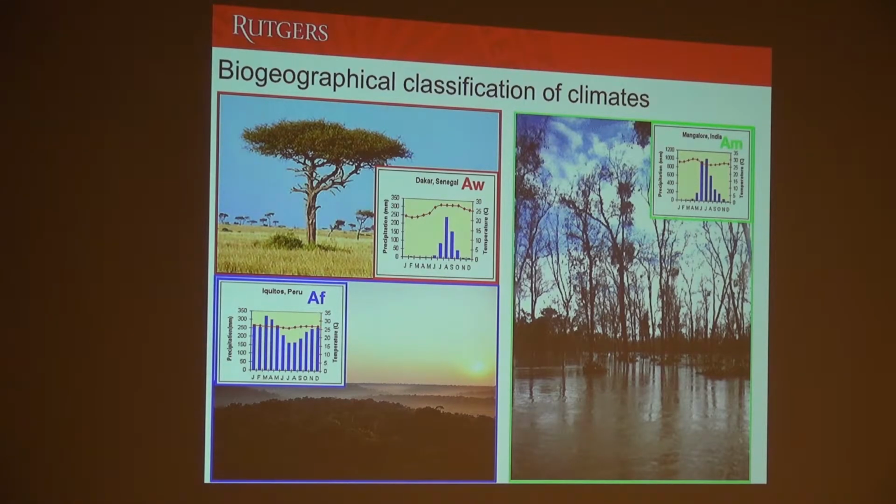In the bottom right is tropical rainforest. The little inset shows the rainfall as a function of month of the year, and the temperature, the red line. Of course, the temperature doesn't vary much over the course of the year. The rainfall has some seasonality, a dry season and a wet season, but relatively speaking, it's plentiful rainfall most of the time.